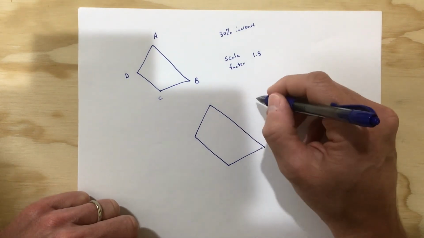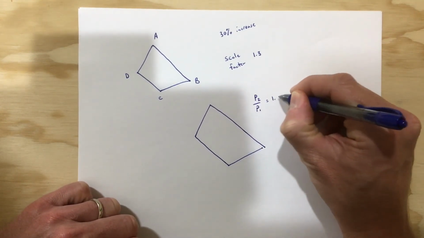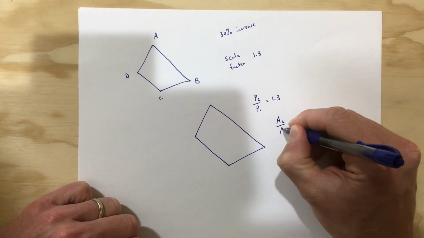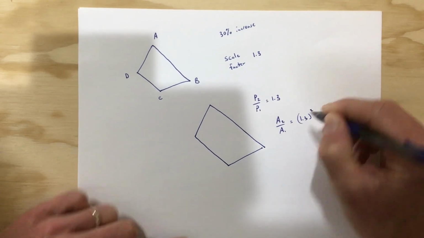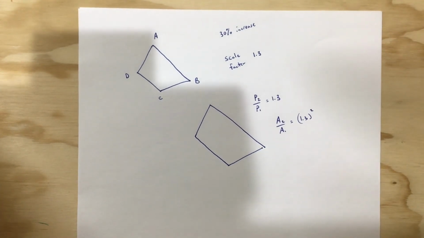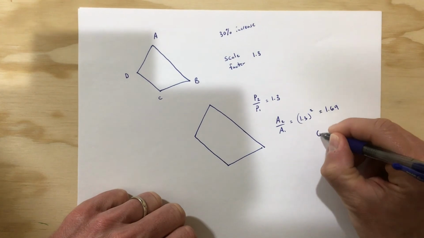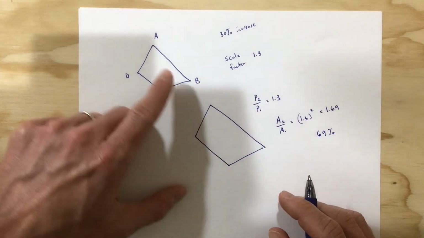Well, I know that if I look at P2 versus P1, which is the ratio of the perimeter, it's going to be the same as the scale factor. The area ratio, how many times bigger is area 2? Well, it's going to be 1.3 squared. And if you take 1.3 and square it, you get 1.69. So that's a 69% increase in the area.